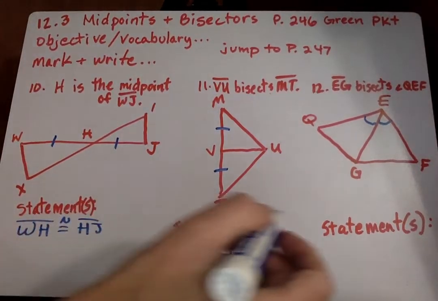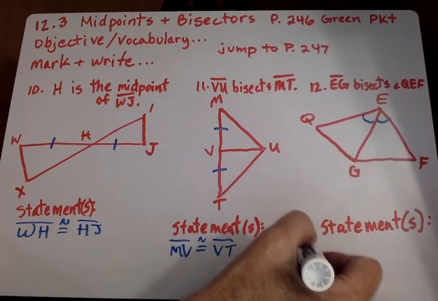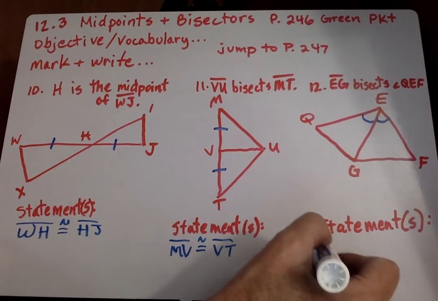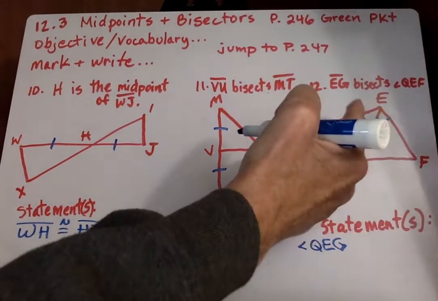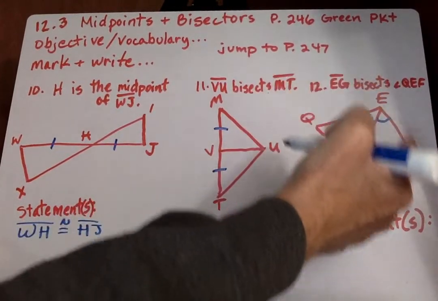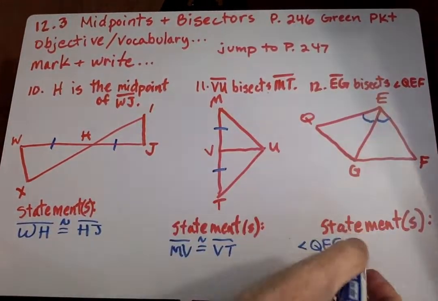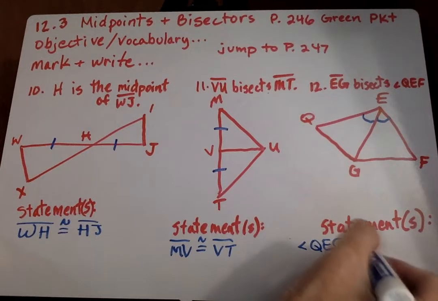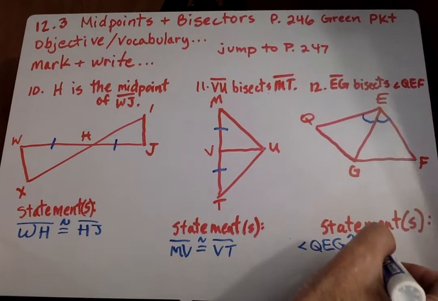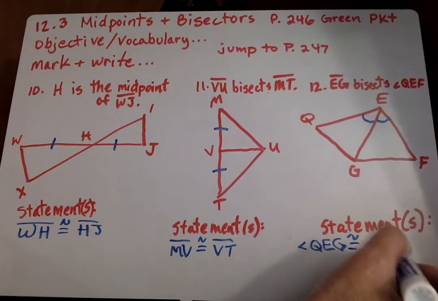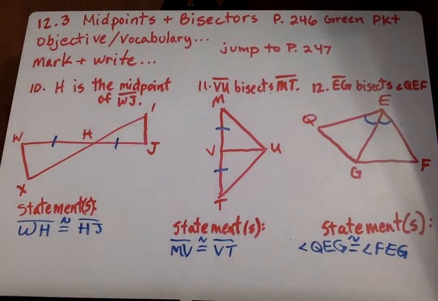So our statement is angle QEG. Again, we have to use 3 letters because angle E could be this side, or it could be the big angle altogether. So angle QEG is congruent to angle FEG. And we're done with that one.